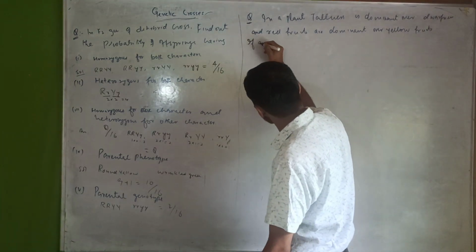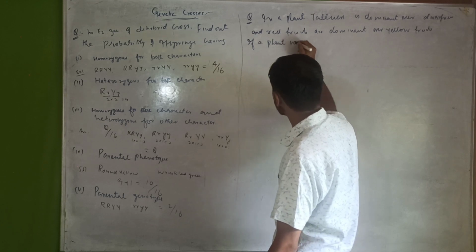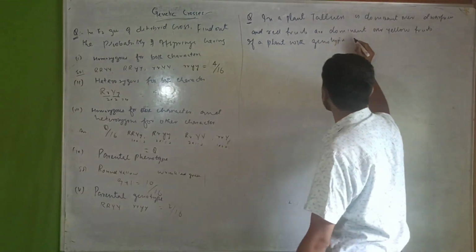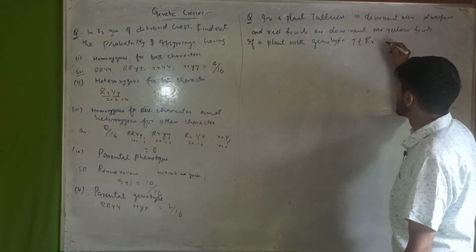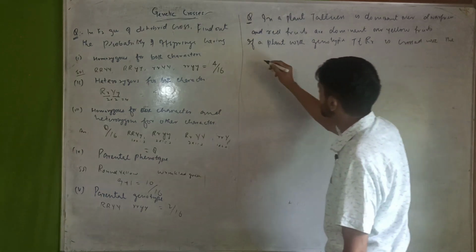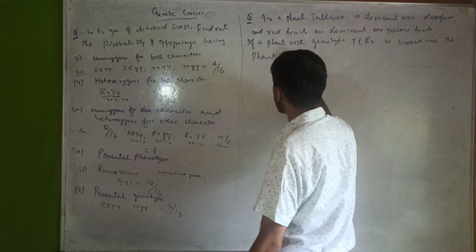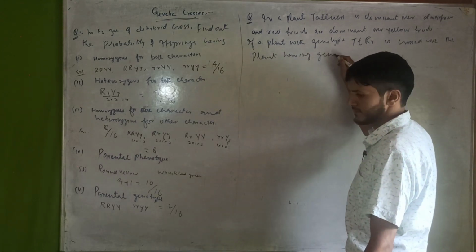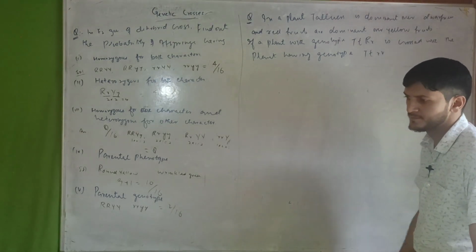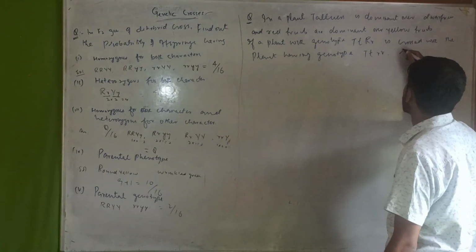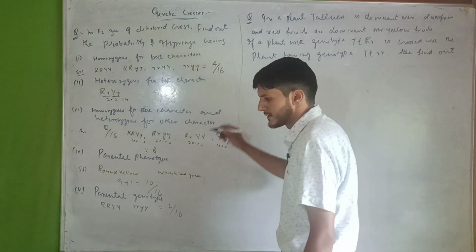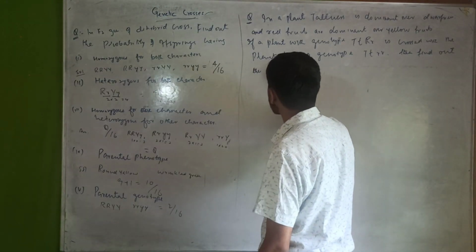If a plant with genotype capital T, small t, capital R, small r is crossed with a plant having genotype capital T, small t, small r, small r, then find out the probability of offsprings.